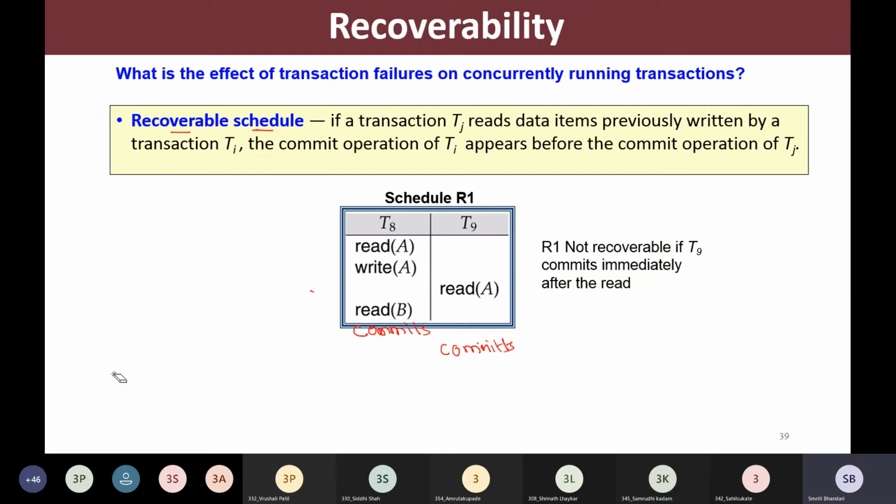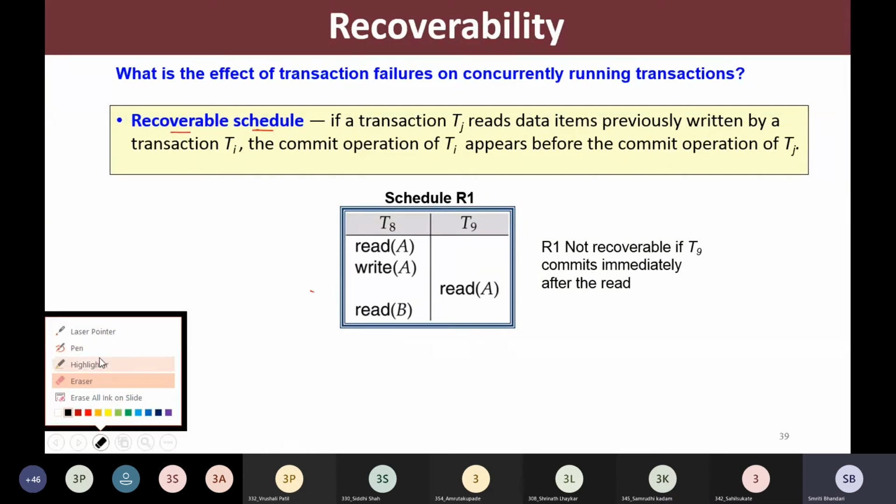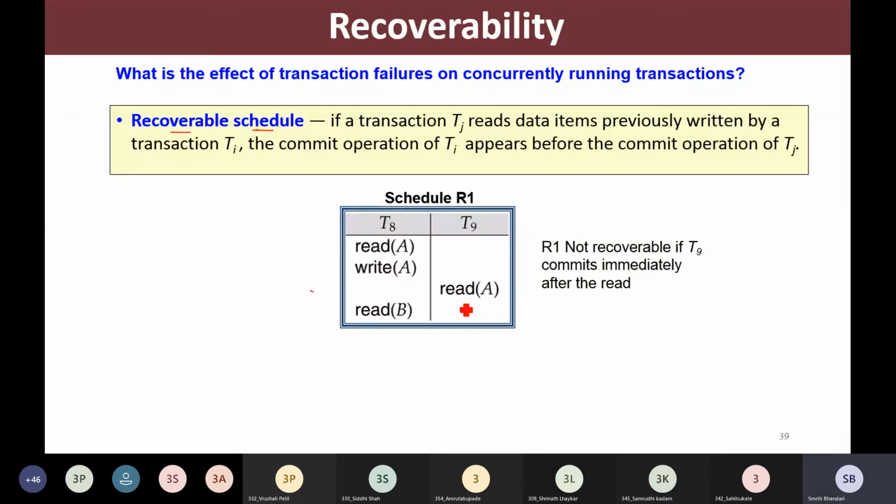See, I'll give you one more situation. If this is the schedule, this has not been committed, this has also not been committed, and there is a failure here, and due to this failure T8 needs to roll back.